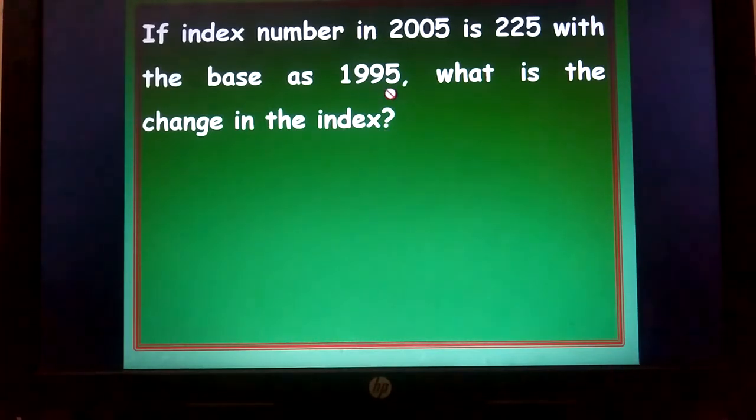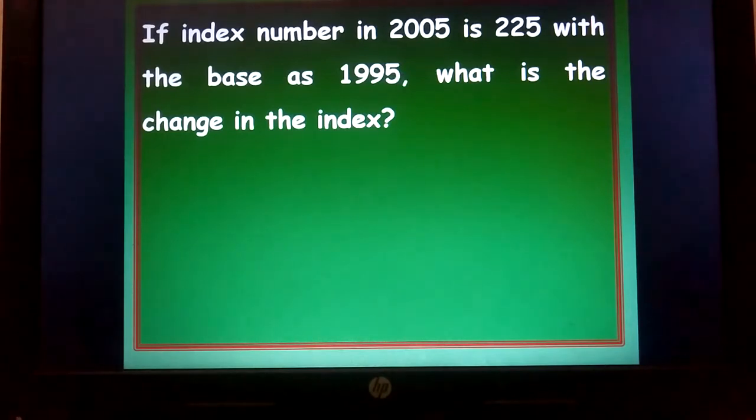So here, in 1995 what was the index number? 100 because it is the base year. In 2005, the current year, it is 225. Change in the index, that means what change has happened in the index. If we are calculating this 225 minus this 100, that is the change in the index.